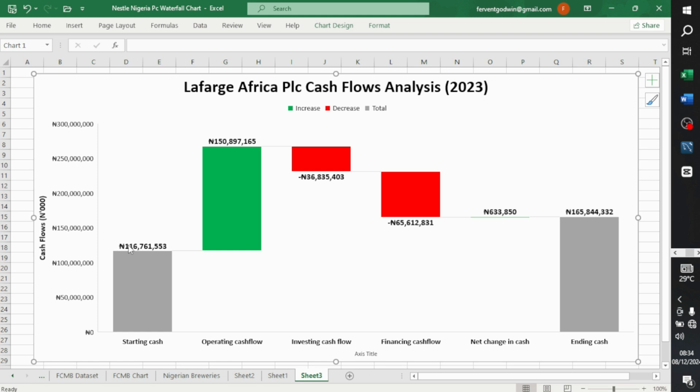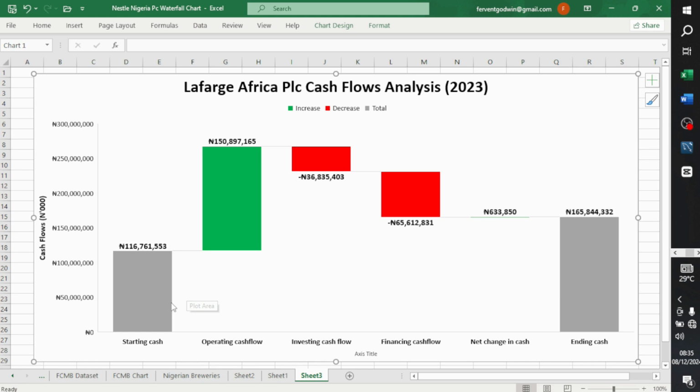Basically, the cash flow analysis is just looking at how cash flows into the company and how it goes out. As the name implies, cash flows: how does it come in, and how does it go out? For this video, there are three main categories, and then there are other additions which are just kind of the totals.